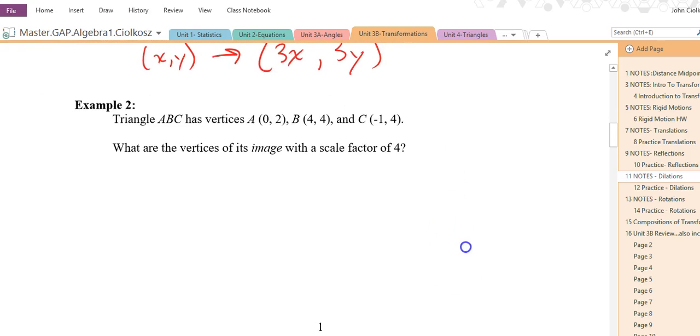Alright, let's take a look here. So we have the A, B, C with these given vertices. Scale factor, or an F, of 4. So what that means is my xy is going to go to 4x comma 4y.